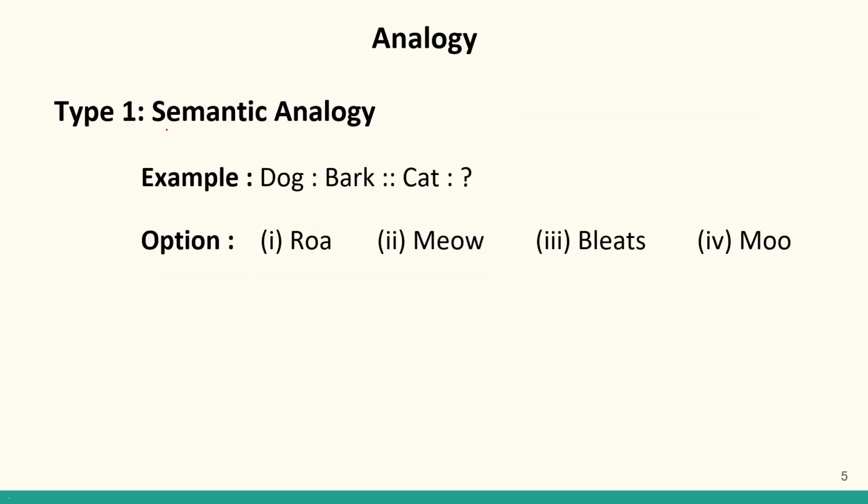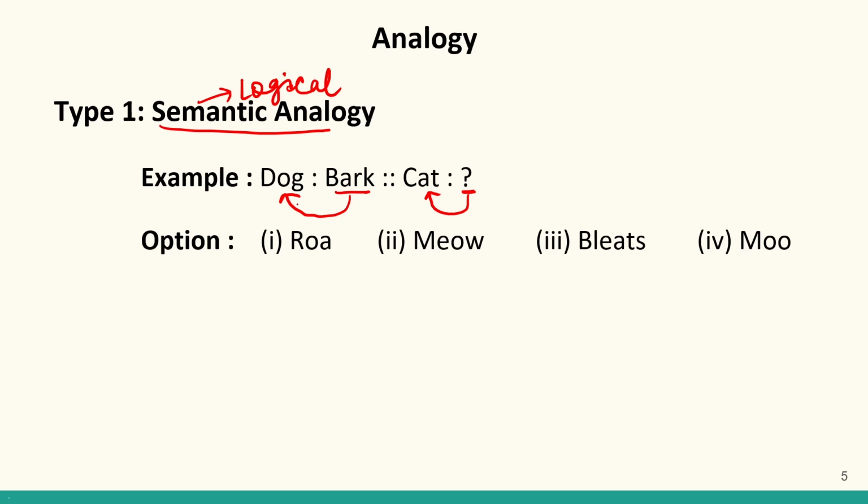In this question, this is a type of semantic analogy. Semantic means logical analogy. Now, dog is to bark, and we have to find the relation of cat with something. So, whenever you get a question like this, it basically means that bark is related to dog in a way, and you have to find a term that is related to cat in the similar way.